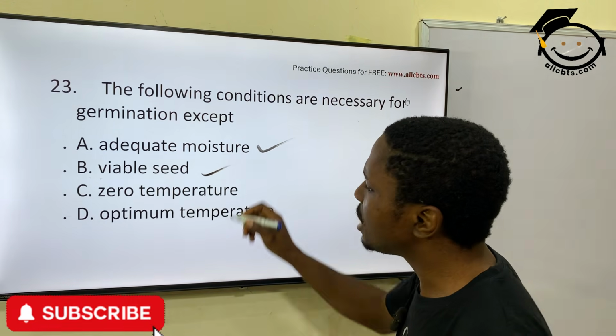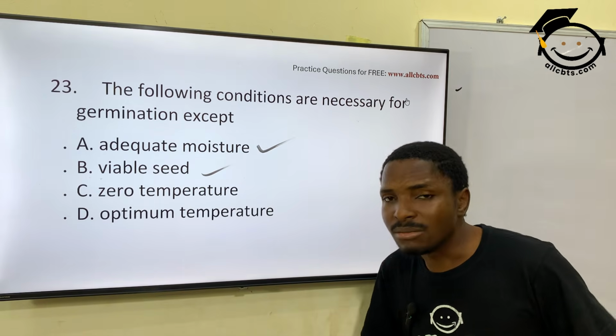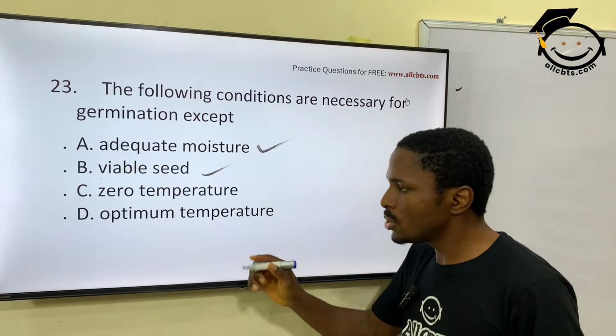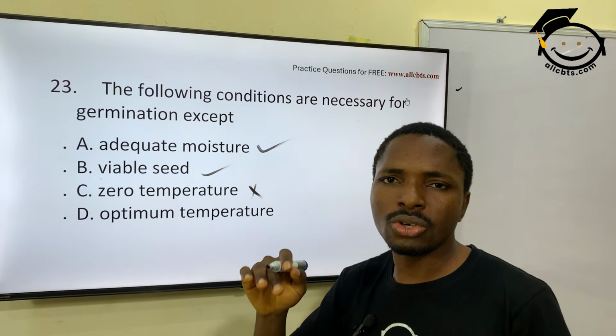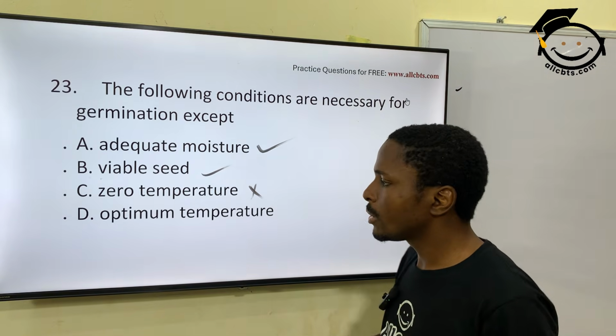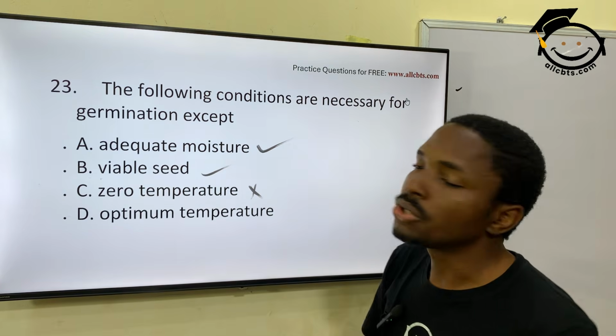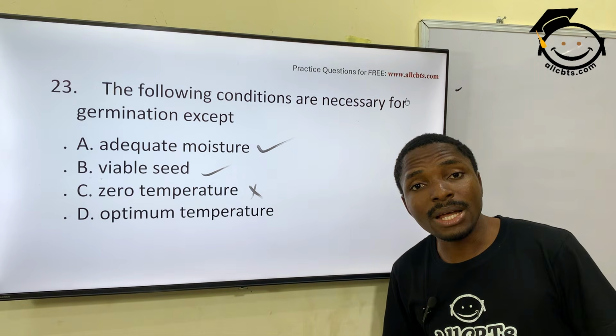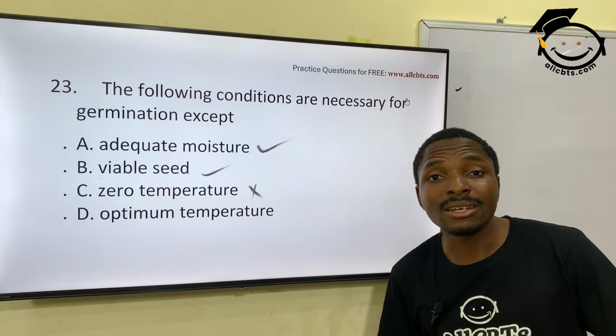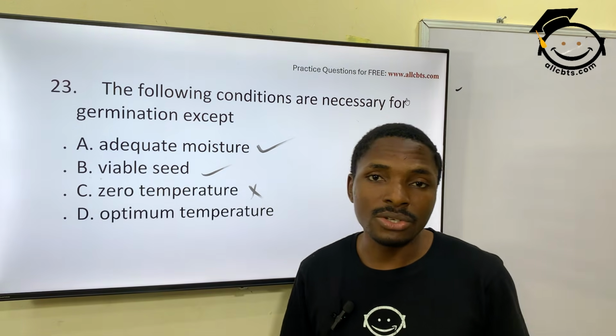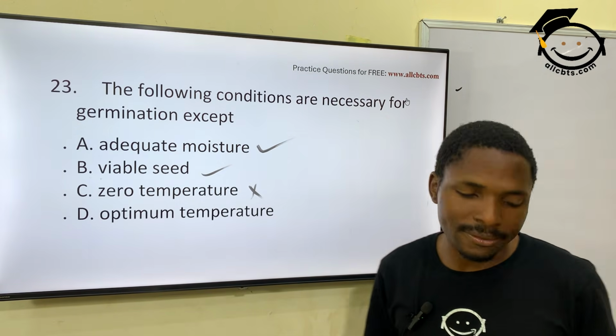Correct. You have zero temperature, meaning the soil should not have any temperature. No, the soil should have some level of temperature, an optimum temperature. So optimum temperature is the correct one. Zero temperature is wrong. Otherwise, the seed will not even germinate. There will be no seedling.